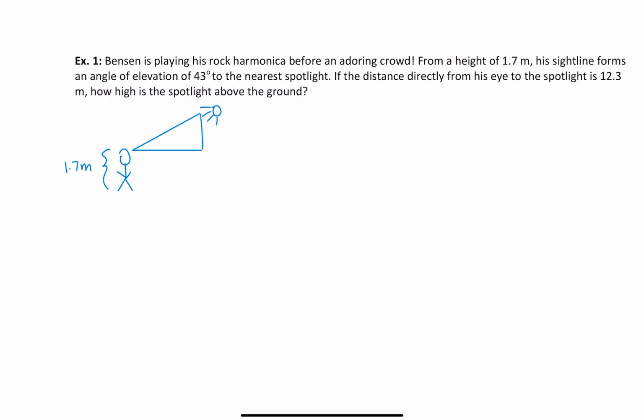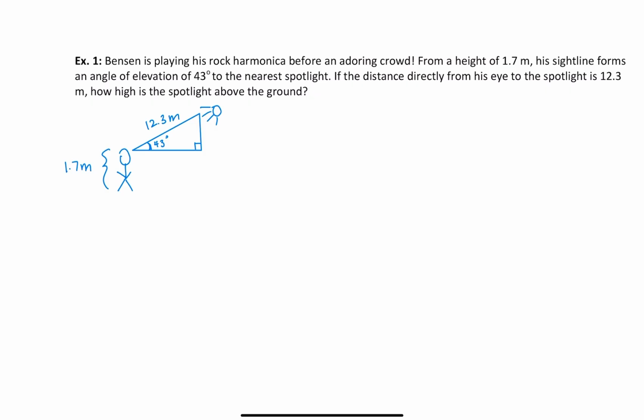And we see here that we have a right triangle. And we're told that this angle here is 43 degrees. And the distance directly from his eye to the spotlight is 12.3 meters. We're asked, how high is the spotlight above the ground?